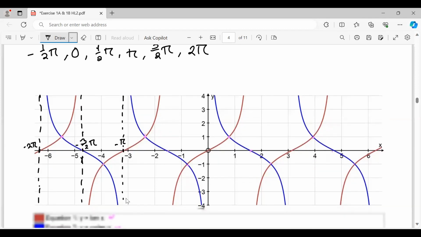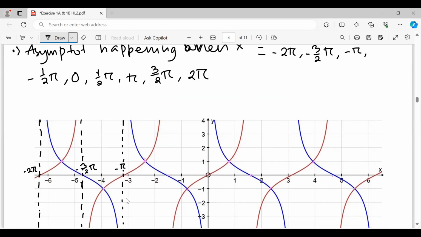Don't forget to sketch your graph on millimeter block book. After that, minus half pi around here.